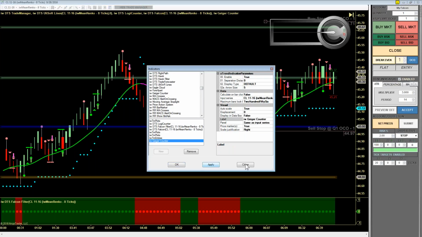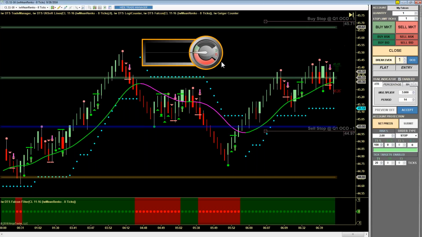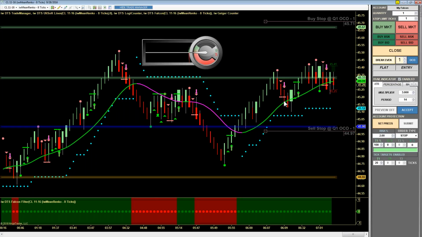It's essentially a tape reader. And what the Geiger counter does is it gives you a visual of the time and sales. And you'll see the tape fill up here in a moment.